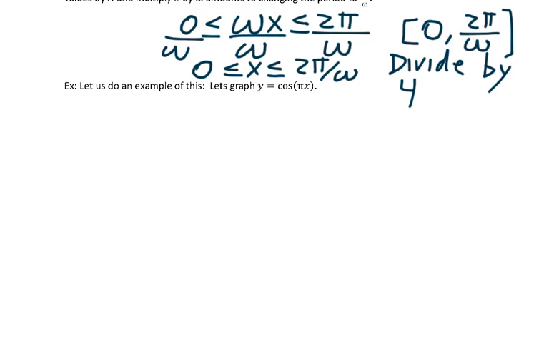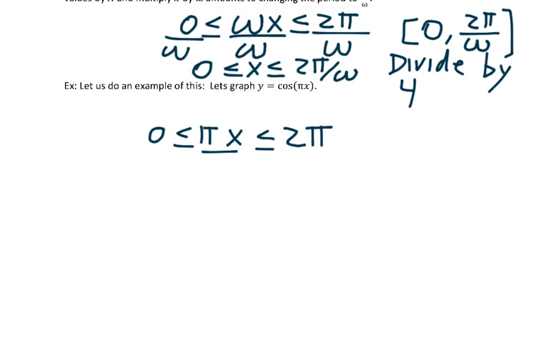So here we have omega is pi. Okay, so we have pi times x. Again, the idea is cosine of the input itself would normally make a full cycle between 0 and 2 pi. But we want to know what x is doing, right? We want x in the middle.